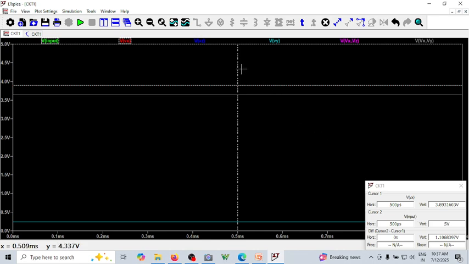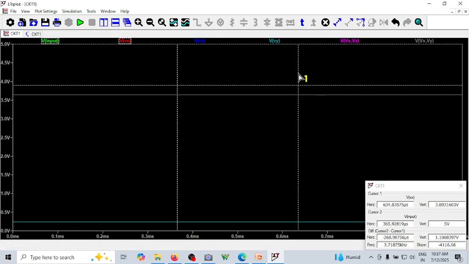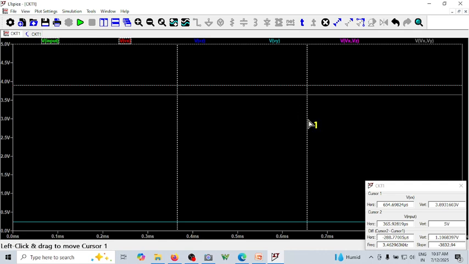See here, this is cursor 1, and this is cursor 2. What is cursor 2 indicating? It's indicating 5 volt. What is cursor 1 indicating? It's indicating 3.893 volts.